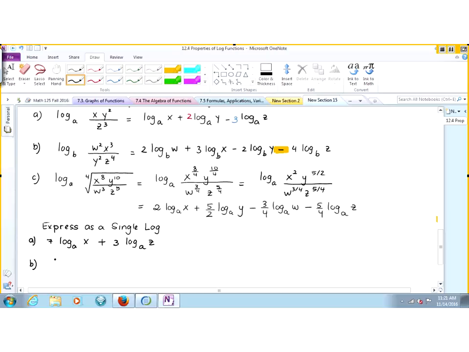That's it. And then B, log base A of x squared minus 2 log base A of square root of x.